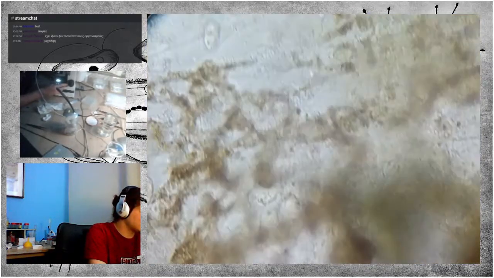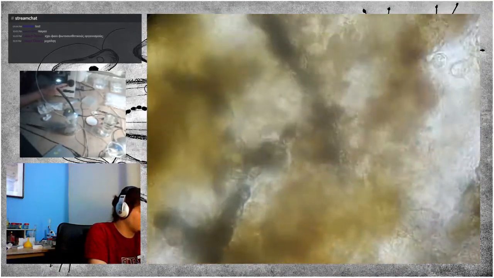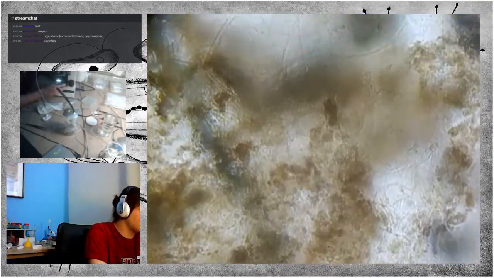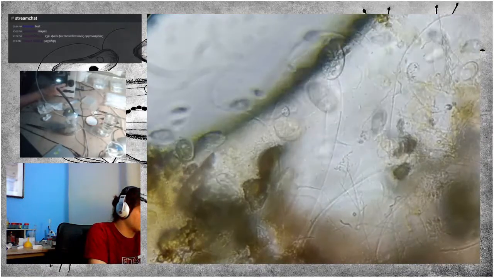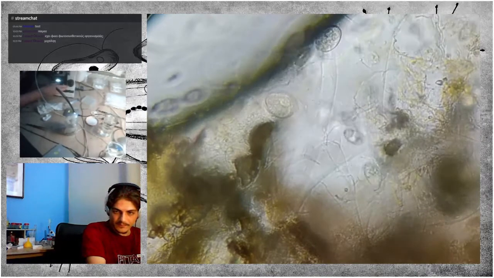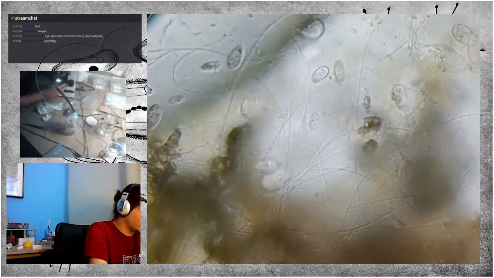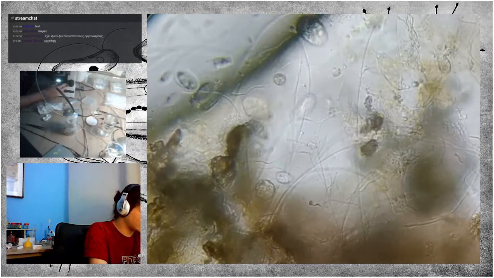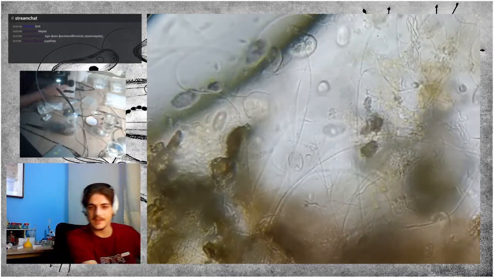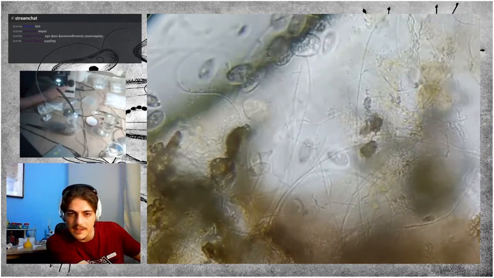There could be a species of flagellates between them, but here is the biofilm. You can see lots of bacterial strings. And also, I don't know if you can see them, but there are some spirochetes among them. They're quite small though.